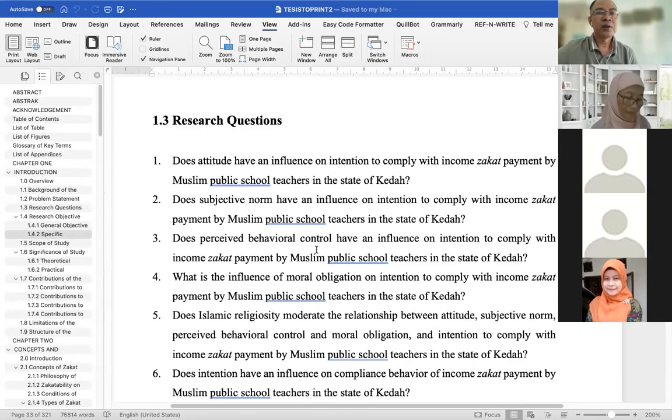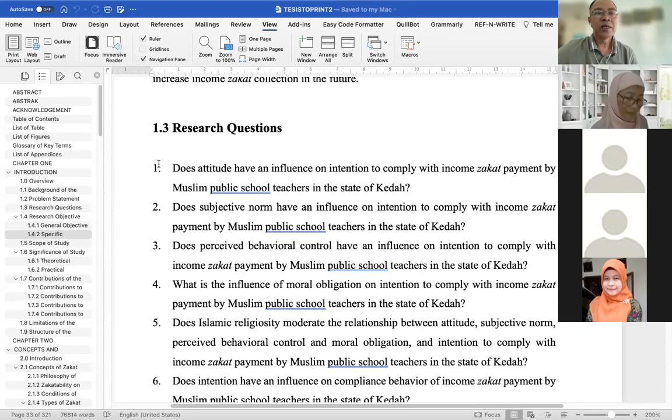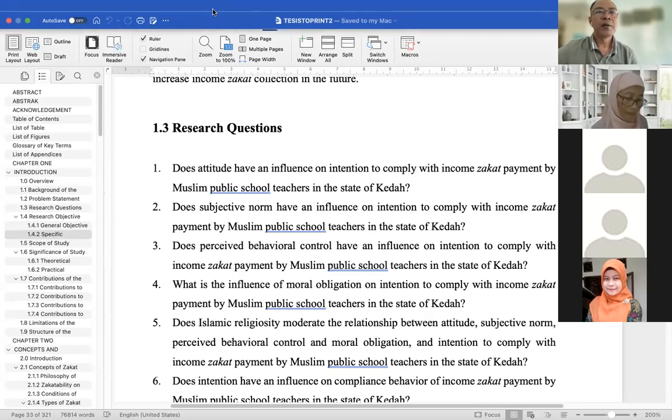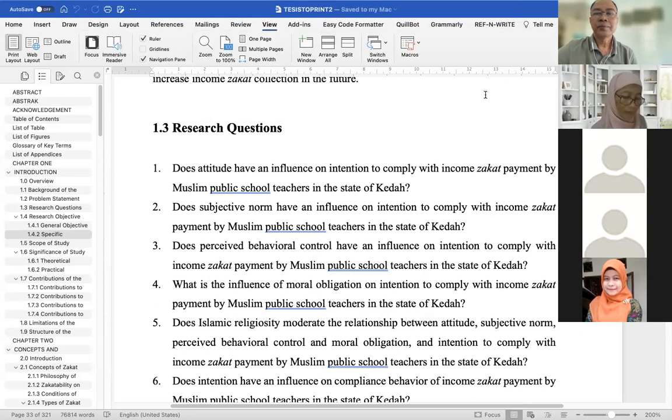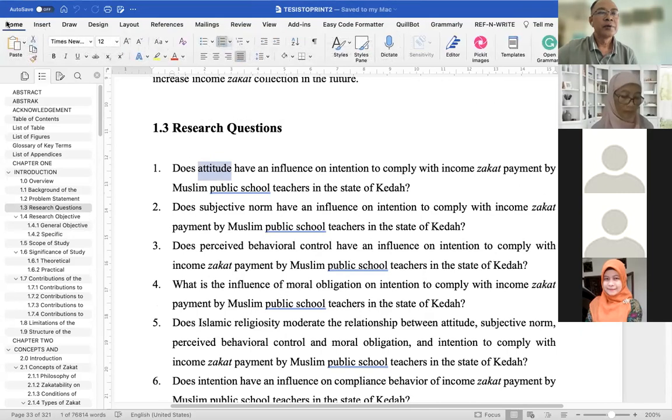And the keywords must be the same. Look at your research question. The first research question, the keyword is attitude, right? The keyword is attitude and intention.